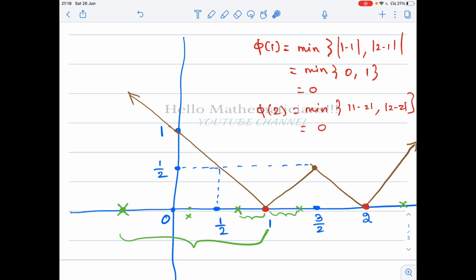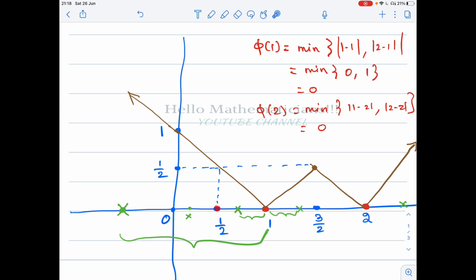So if you take a point to the left of 1, the distance between x and 1 will be less than the distance between x and 2. Basically, if it is a half, then phi of 1 by 2 is the distance between half and 1. What is the distance between half and 1? It is just half.